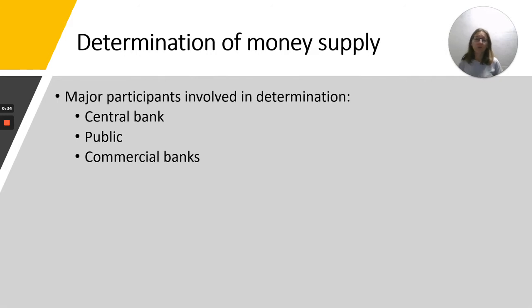But besides the central bank, we could add two more players which determine how much money is going to be needed in the economy. One of them is the public, that is consumers and producers, or companies and people who need money, and then there are commercial banks.